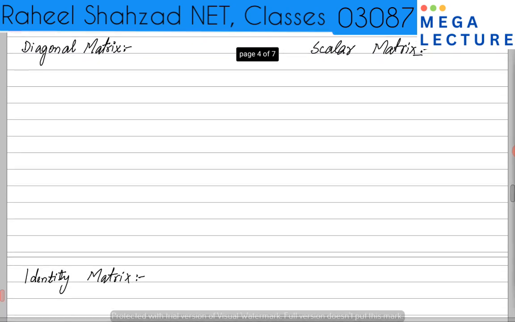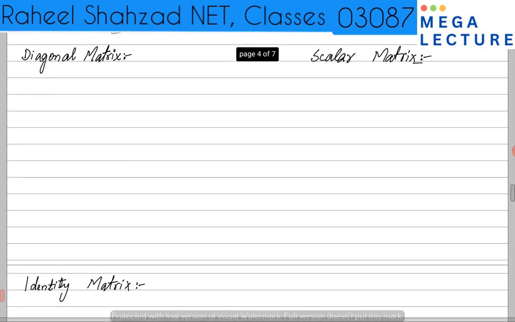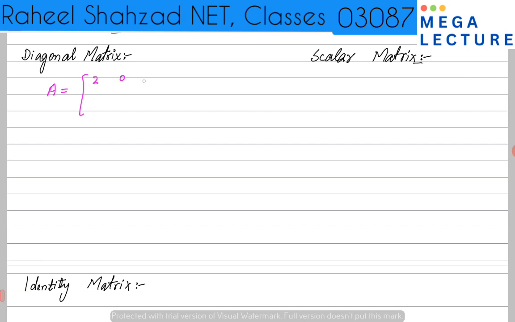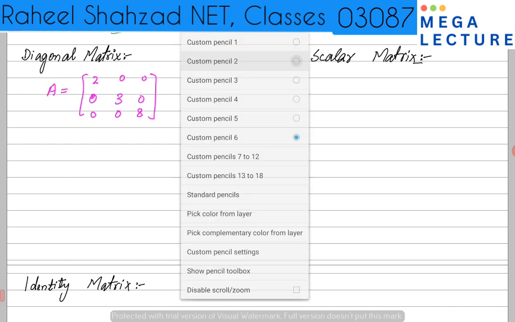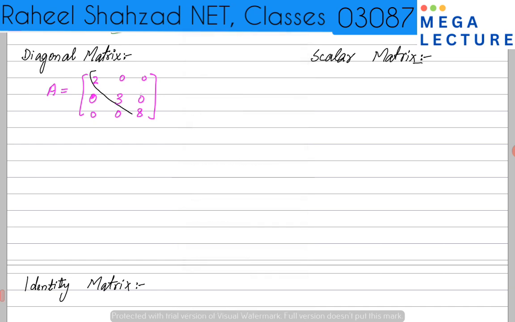Then comes a diagonal matrix. Now suppose this is a diagonal matrix in which 2, 0, 0, 0, 3, 0, 0, 0 and 8. Okay, a matrix in which elements are only on the diagonal is known as a diagonal matrix.